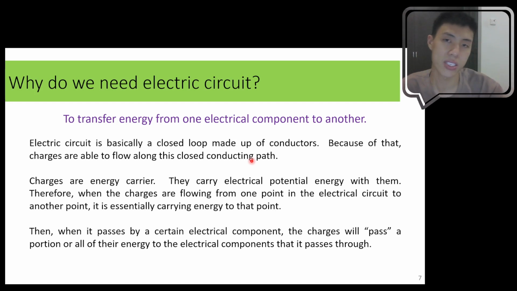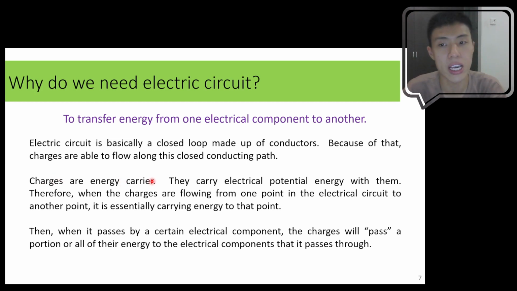And the connecting wires try to be the best conductors, like copper and silver, through which charge can flow easily. So basically, the whole loop is a conducting path. It's a closed conducting path, meaning there's no gap in between where charge cannot flow. Charge can flow completely through it.